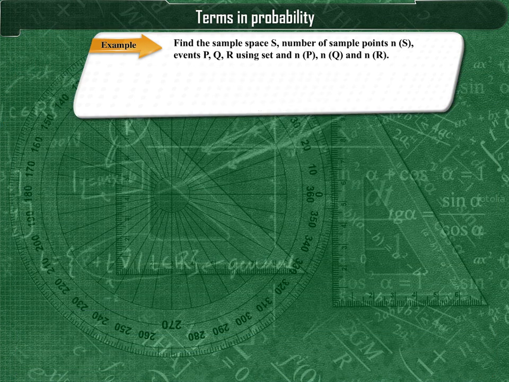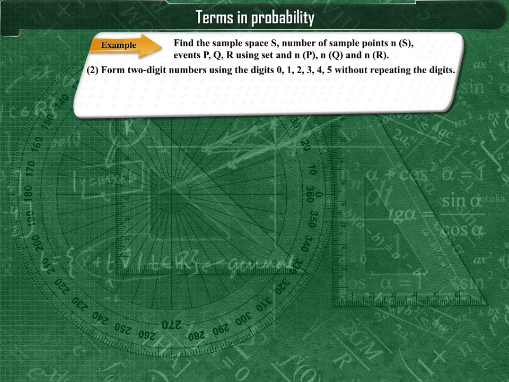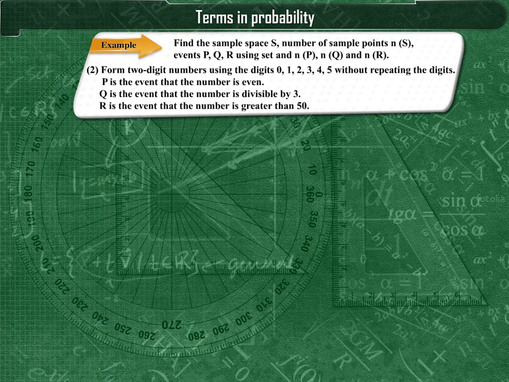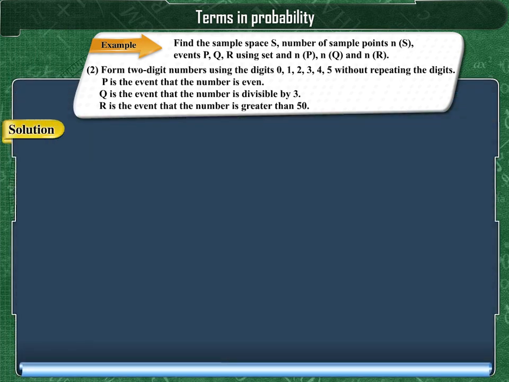Let us solve one more example. Here the random experiment is to form 2-digit numbers using the digits 0, 1, 2, 3, 4, 5 without repeating the digits. As we have to form 2-digit numbers, 0 cannot be at the tens place.